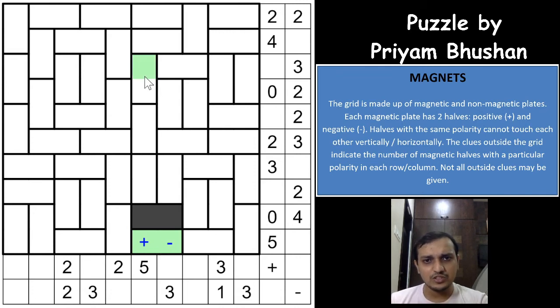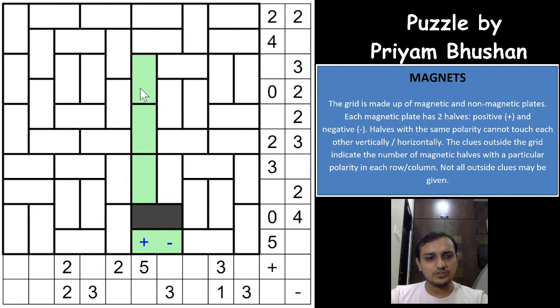Which means that all of these three will have to be magnets, right? But in which order we are not sure, so the positive can come up or down anyway, but one of these will surely have to be a magnet. Both of these can be magnets, but one of these will surely have to be a magnet, and the positive will have to be somewhere here in these two cells, right? So let's see if we get anything else. And because of the 0, superb, the 0 has helped here, so this has to be a negative, right?